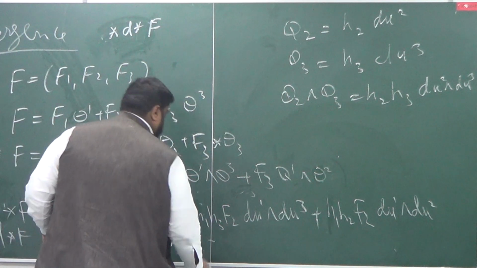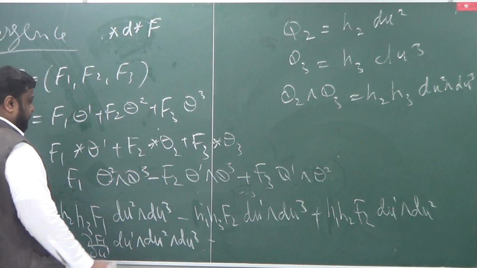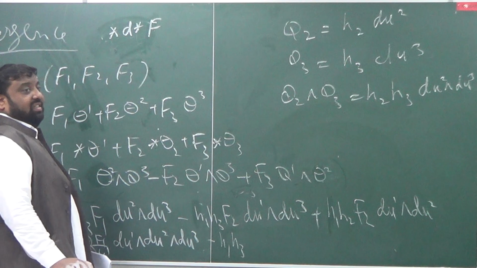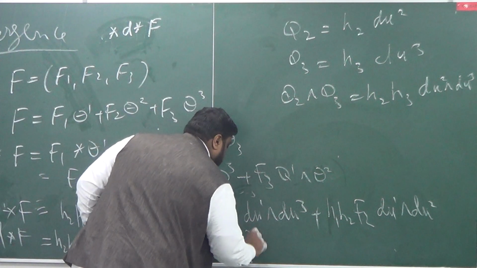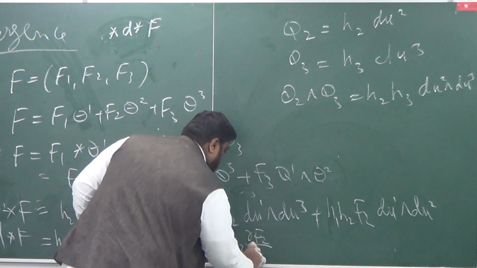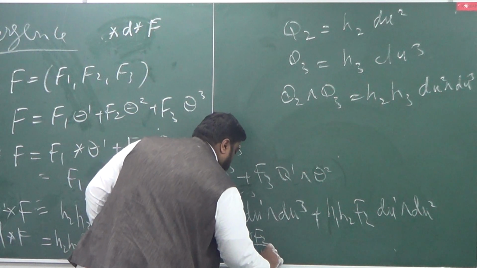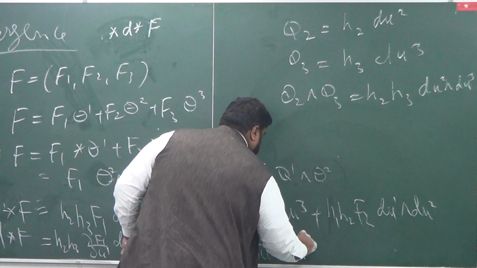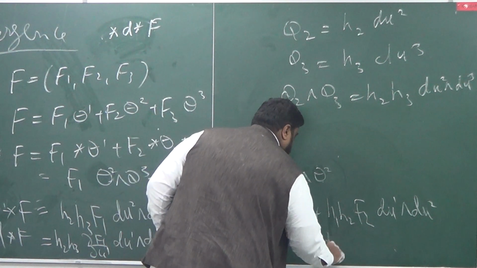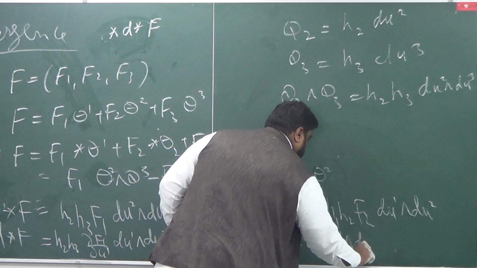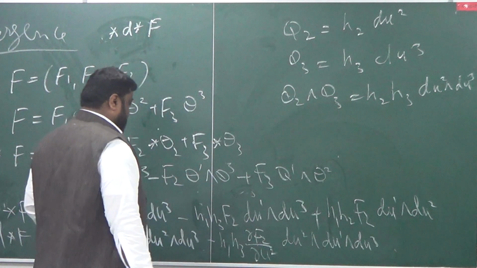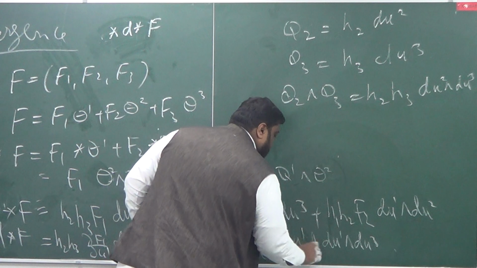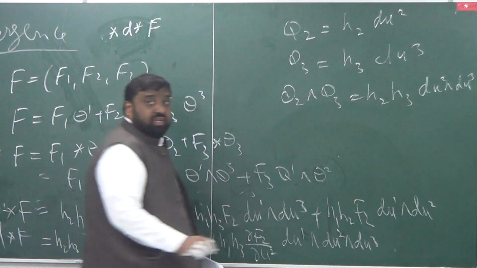Minus, okay, it's just laborious calculations, nothing else. H1 H3 partial F2 by partial U2 and you're going to have du2 wedge du1 wedge du3. I can put a plus here and I can switch it already. So du1 du2 du3.